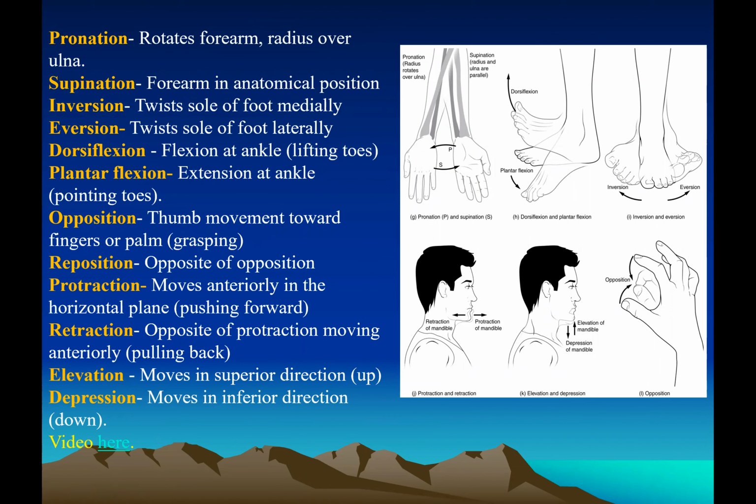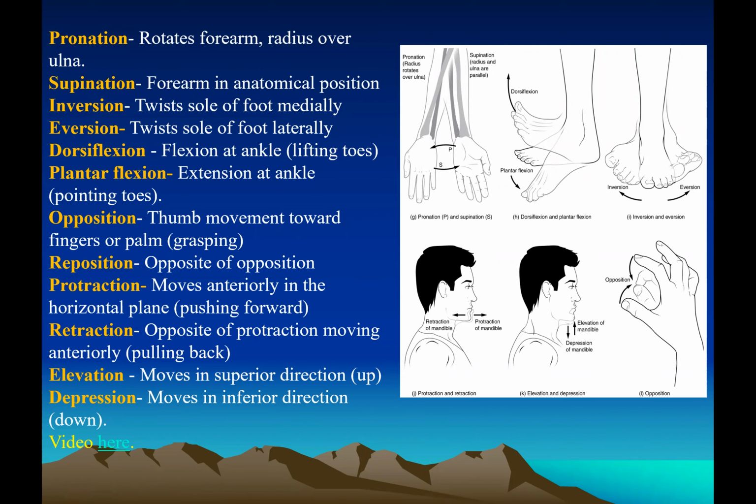There's more. There's pronation. So here, this is pronation. This is rotating the forearm, radius over ulna. Supination would be the anatomical position. Inversion is when you twist the sole of your feet medially.